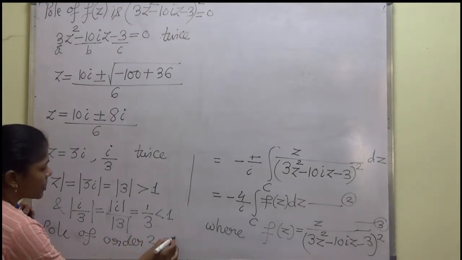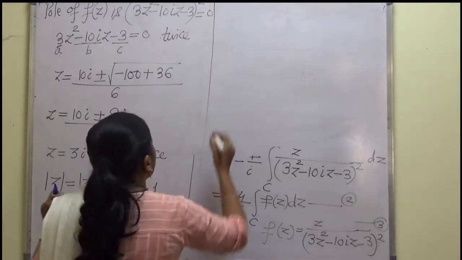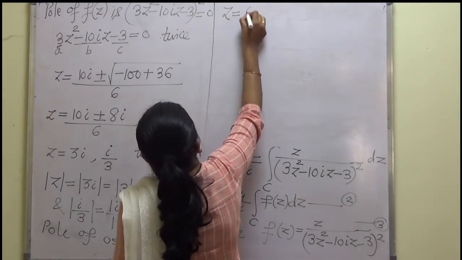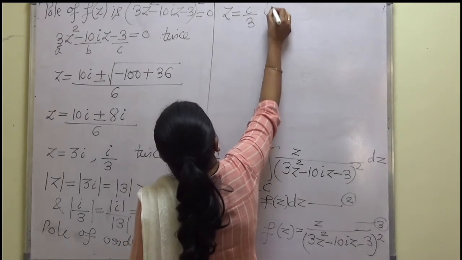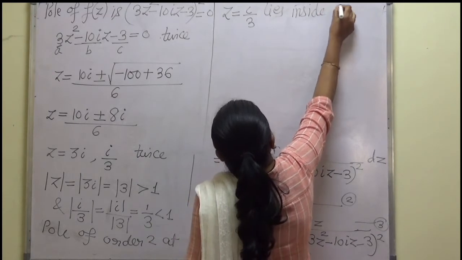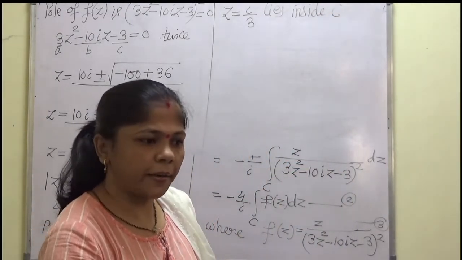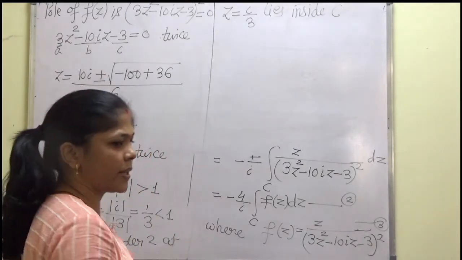Pole of order 2 at z equal to i by 3 lies inside C. So let us find the residue at this pole.